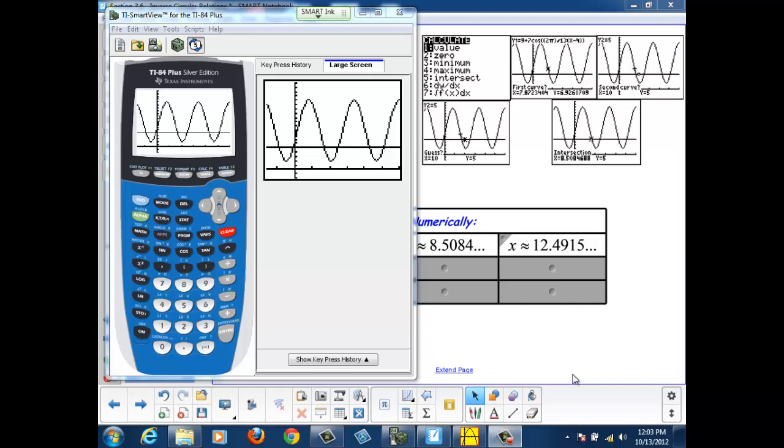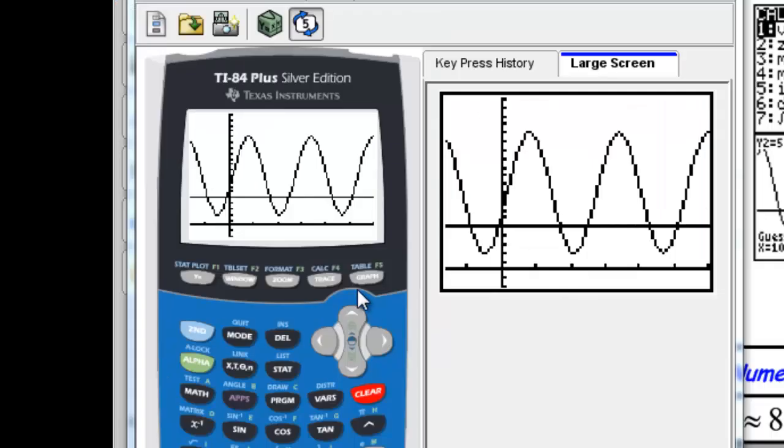Now that I've found these first two solutions, I'm going to take advantage of the periodic nature of our sinusoid to help me find additional solutions. So the first thing I'm going to do is find the solution to the left of my initial solution that's exactly one period away.